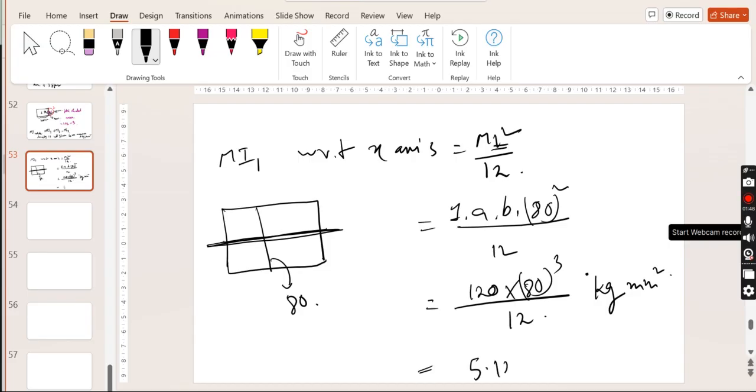That is 5.12 into 10 to the power 6 kg millimeter square.